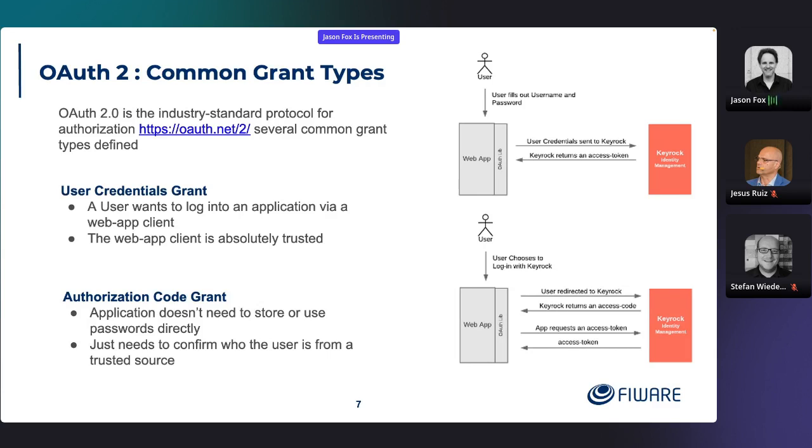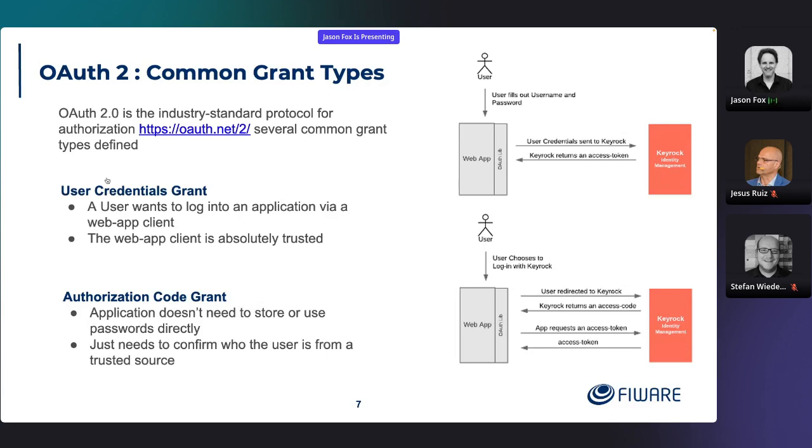So in other words, you attempt to log in to a system. It says, would you like to log in using KeyRock? And when you log into KeyRock, it will say, do you know this guy? It will then return an access token if you're successful. And the access token can then be used to confirm who the user of the trusted source is. It's two steps rather than one.